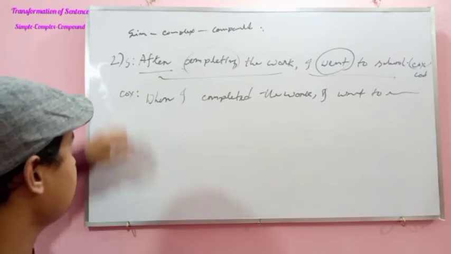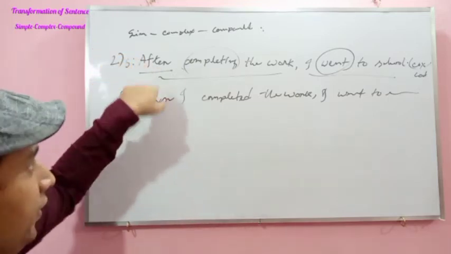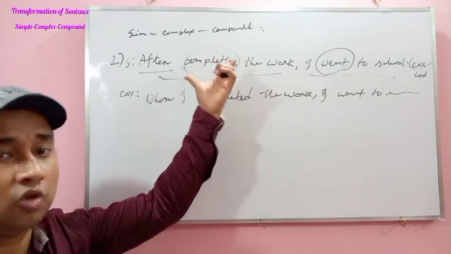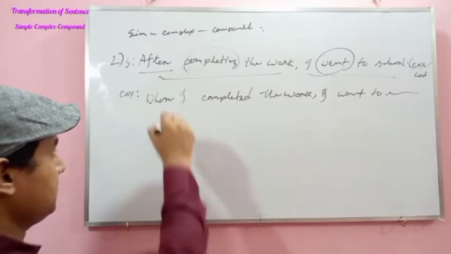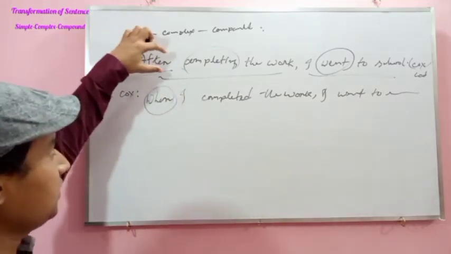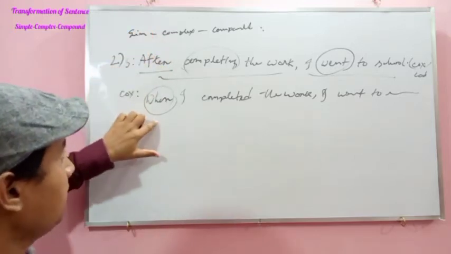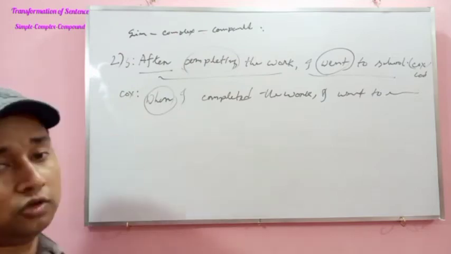This is a word indicating time, so you will give when. When this sentence expresses a reason, you will give because, as, since at first as a conjunction. When you find the word indicating time, you will give when. When this word indicates a reason, you will give as, since or because.